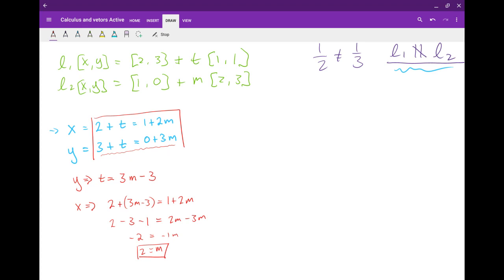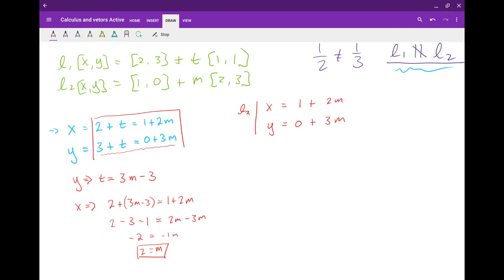M equals 2. And now I'm going to take line 2. I'm going to say x equals 1 plus 2m, and y equals 0 plus 3m. I'm going to write a 2m here.